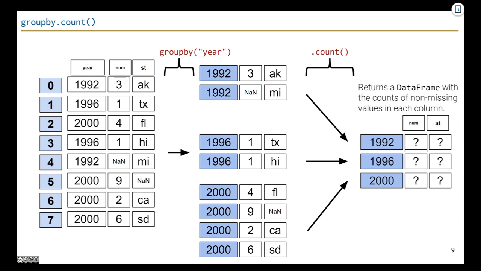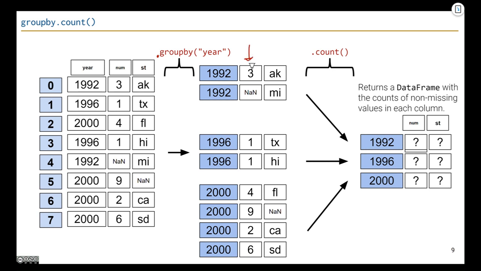Let's look at how count works. So here I made up a data frame that had some null values just so you can see the difference between count and size in this case. Here I'm grouping by year. And so now if I do .count, this is going to return a data frame with the counts of the non-missing values in each column.